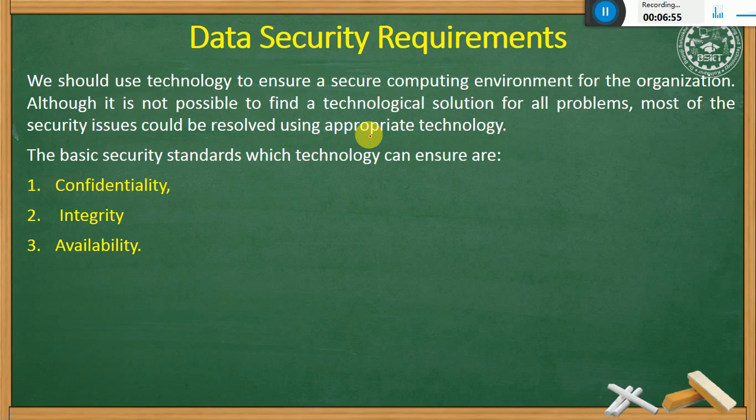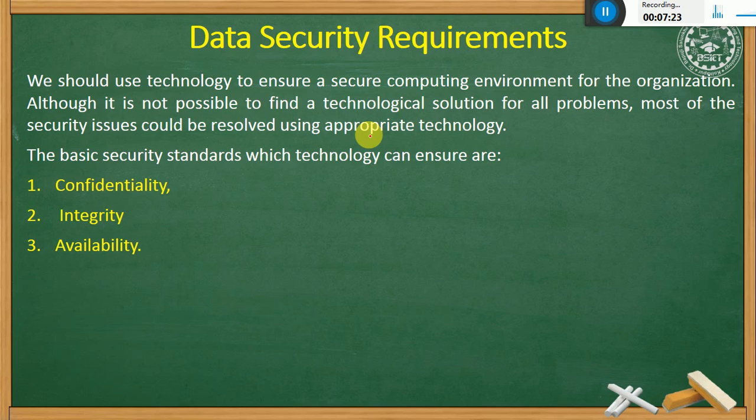Then the next important point, which is asked multiple times in your MSBTE paper: what is data security requirement? Why is data security requirement essential? Security is about preserving the confidentiality and privacy of the data from unauthorized users.